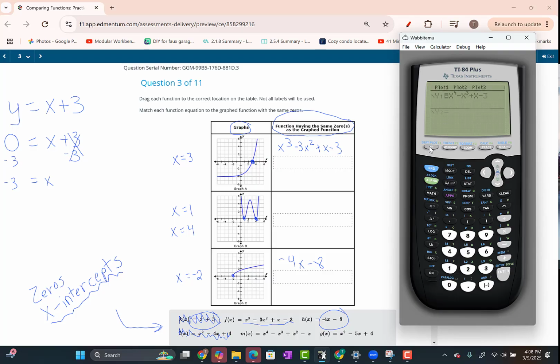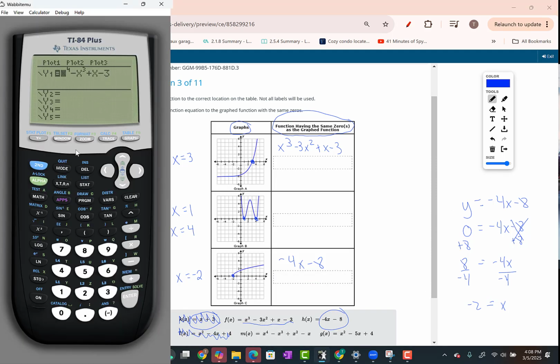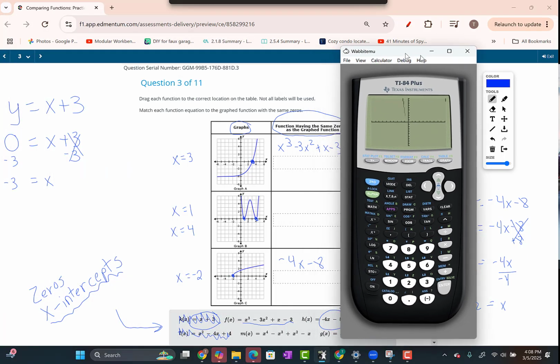Let me make sure I've typed that in right. X to the fourth minus x to the third. I don't have that one typed in even close to being right. I thought that was strange. This should be x squared. Some of you were probably thinking, what is he doing? Now let's graph it.